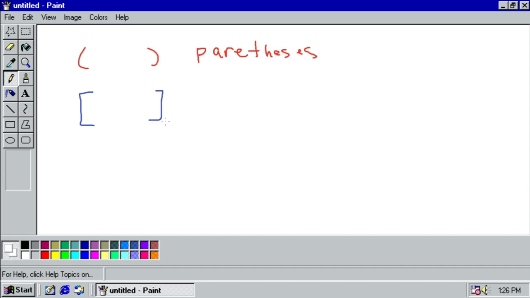Next is this one. It's not that curvy. This is what we call brackets. And then we have these squiggly lines, which are called braces.